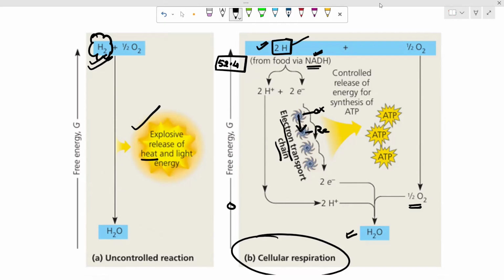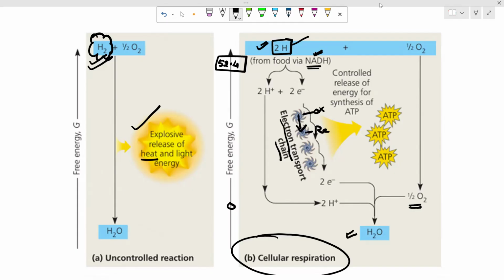That is why we say redox reaction, meaning that in the electron transport system a redox reaction is going on. So it is an exergonic reaction, and this energy difference in the electron transport is used to create a proton gradient, which we break down to make ATP.